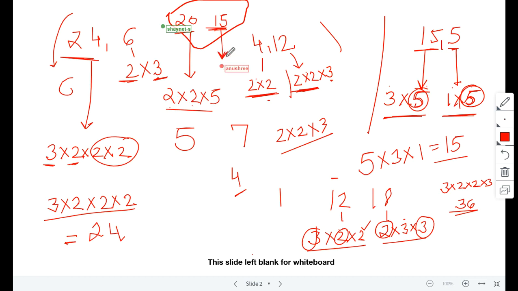Think and tell me what are the prime factors of 15.